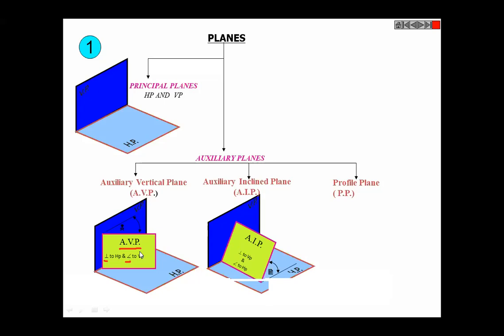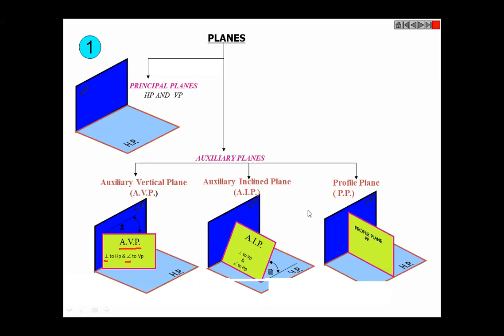This one was inclined to the vertical plane; now this one is inclined to the horizontal plane and perpendicular to the other plane. And this one is the profile plane, which I have seen earlier, which is perpendicular to both vertical as well as horizontal.